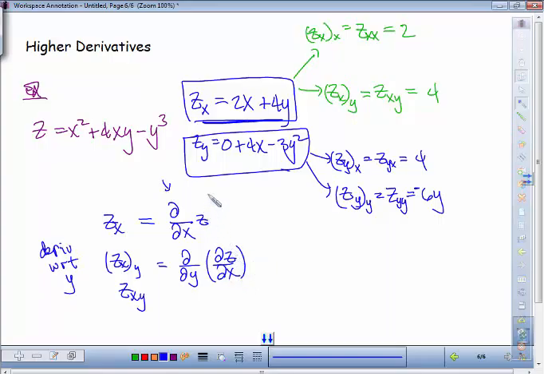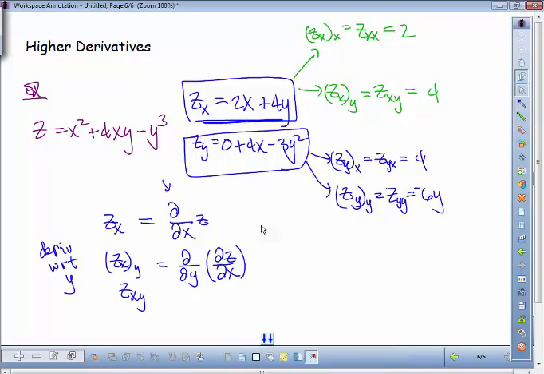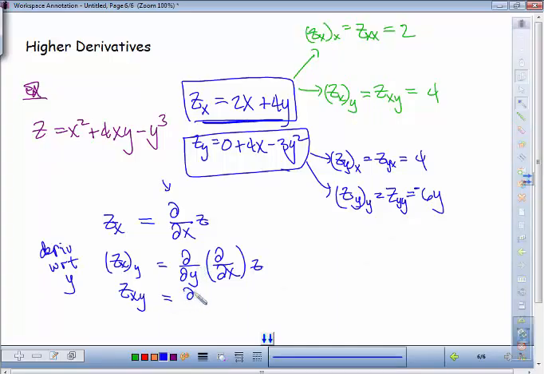And remember that d dx, d dy are operators, and z is your other dependent variable. So this, again, if I force this z to move out of there, I get d squared dy dx of z, or d squared z over dy dx.